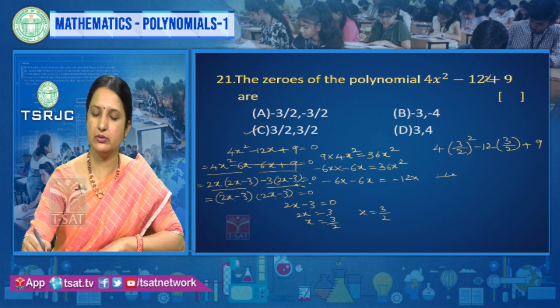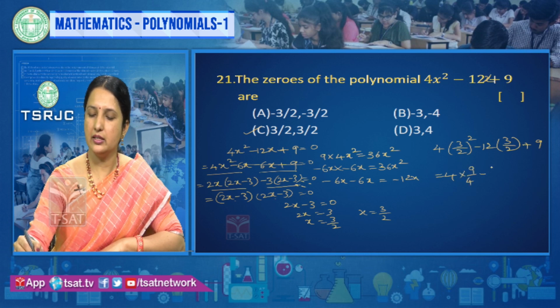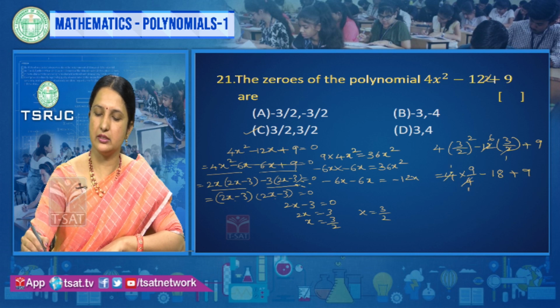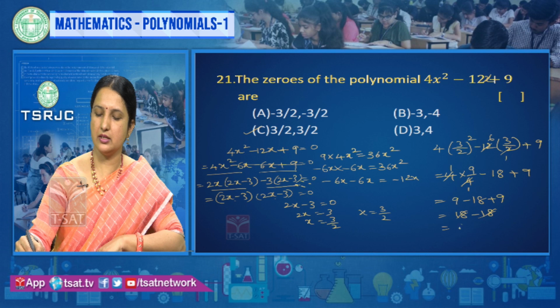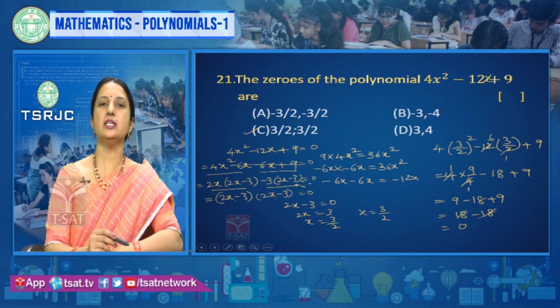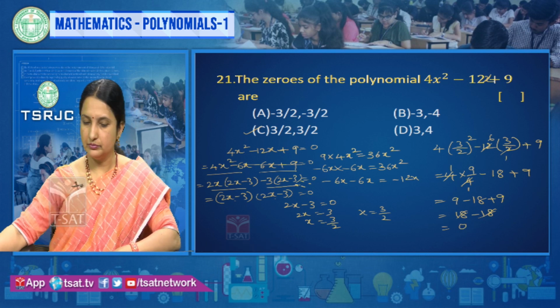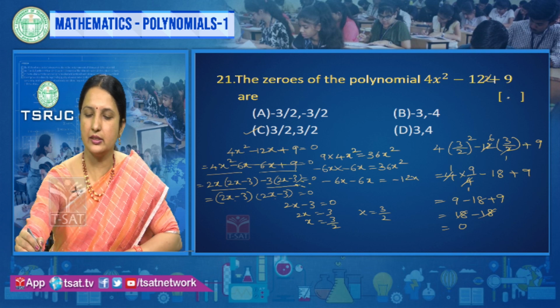What you will get? 4 into 3 3s is 9 by 4, minus 2 ones 2, 6, minus 18 plus 9, you will get 4 ones 4 ones. So 9 minus 18 plus 9, 9 plus 9 is 18, minus 18 equals 0. So for 3 by 2 it is correct. Okay, so option C is the correct one.